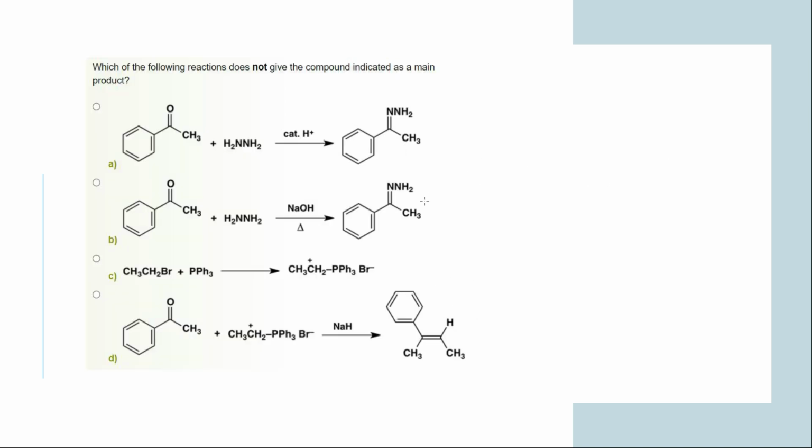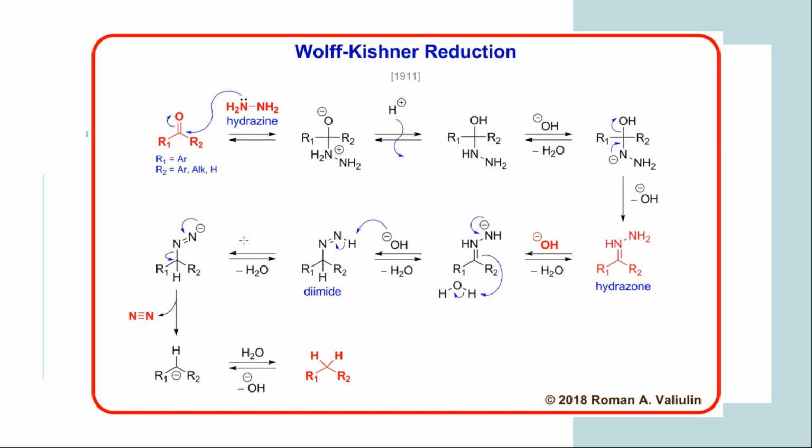Actually, in presence of base in this reaction, the reaction follows a completely different mechanism, which is our well-known Wolff-Kishner reduction condition. Okay, so when with hydrazine, you do not add any acid, rather you add base like sodium hydroxide, etc. You get reduction of this carbonyl group, and simply you get this alkane as the final product.